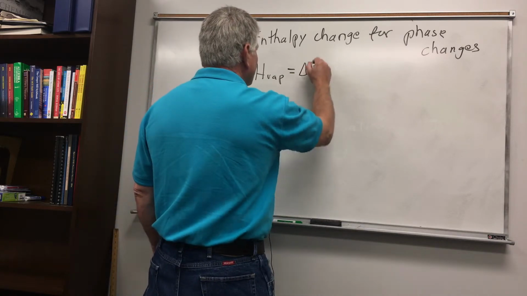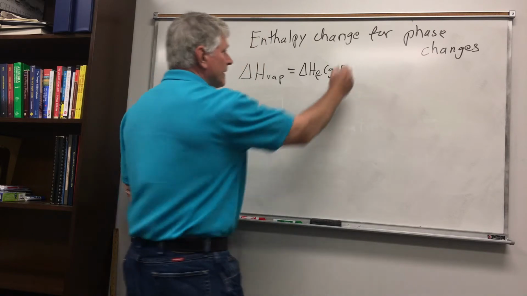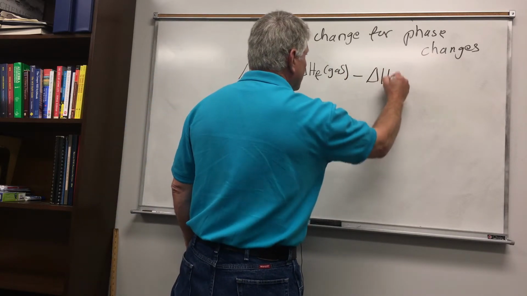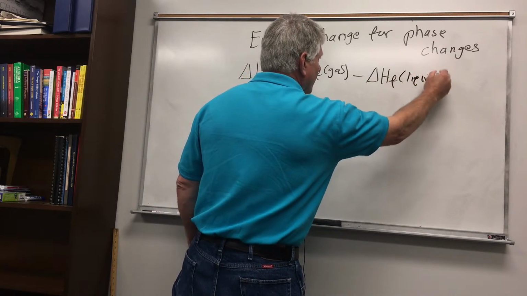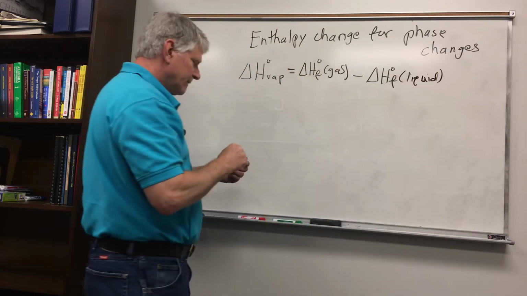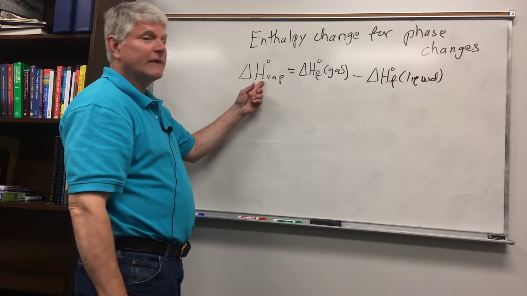So it would be delta H formation of the substance in the gas phase minus the enthalpy of formation of the substance in the liquid phase. So this would be the standard enthalpy of vaporization.